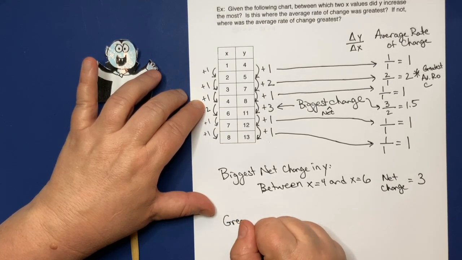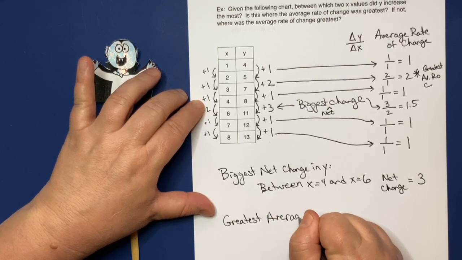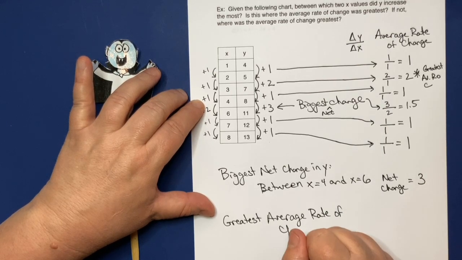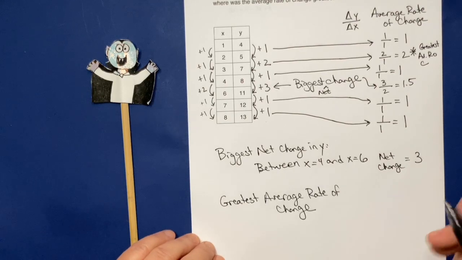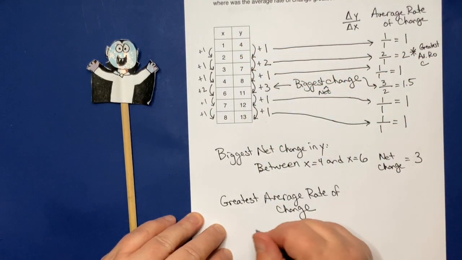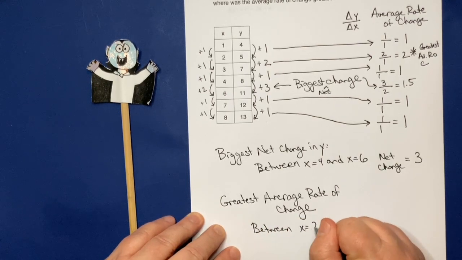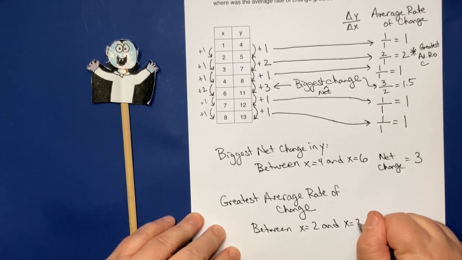The greatest average rate of change was actually this one, which happened between x equals 2 and x equals 3.